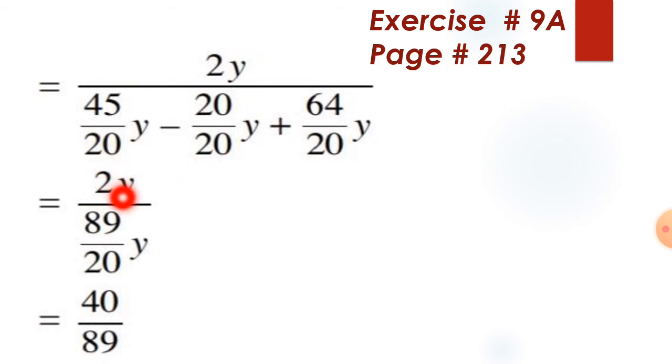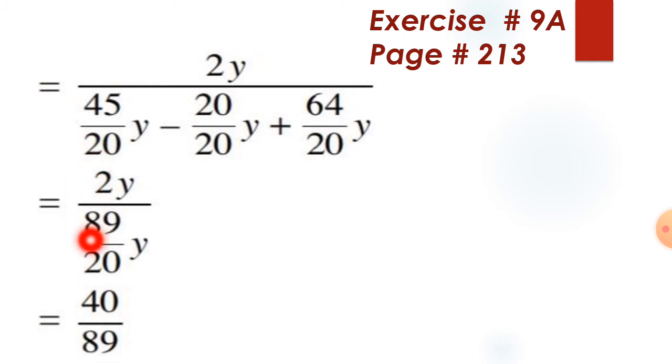Now we can see the denominators are the same, so we write 1 times 20, and 45 minus 20 plus 64. When you calculate these 3 numbers you will get 89. And 2y comes from the first step, in the numerator, which is present in the question as well.